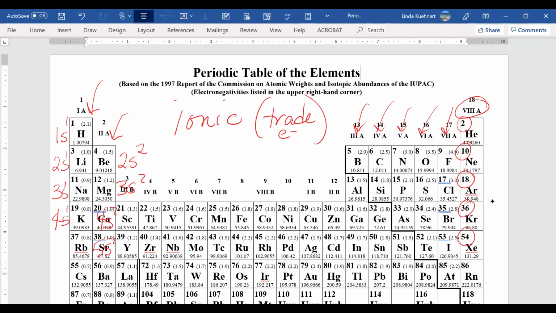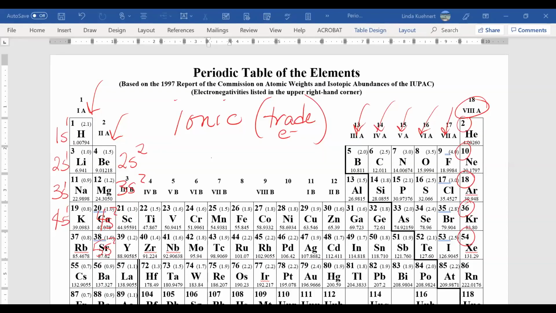So lithium has 1 electron in shell number 2, and if it gains additional electrons, it would need to gain 7 more electrons, 3 plus 7 to have 10 electrons, to look like neon, or it could lose that valence electron and have 3 minus 1 electrons and look like helium, so look like 2. So it's easier for lithium to lose the valence electron rather than gain 7 more electrons to look like neon.